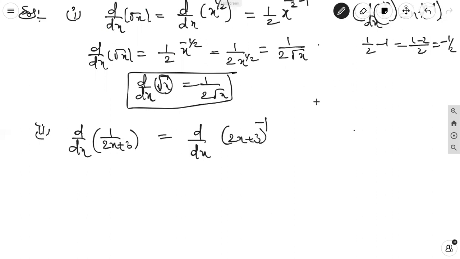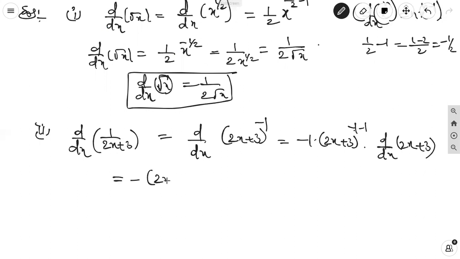So again we use the formula: minus 1 into 2x plus 3 whole power minus 1 minus 1, again d by dx of 2x plus 3. It is equal to minus 2x plus 3 whole power minus 2 times d by dx of 2x plus d by dx of 3.